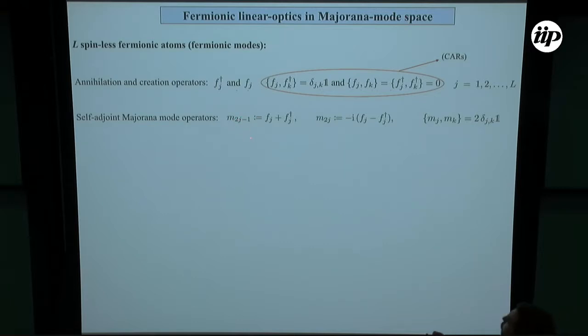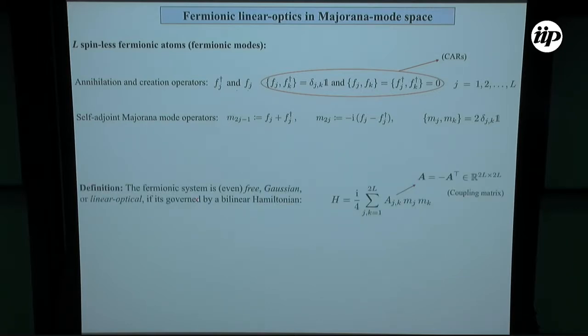For site j, I allocate the mode operators 2j minus 1 and 2j, and both are simply defined as the sum and the difference of the annihilation and creation operators. They are very similar to the momentum and position quadratures of bosons, which are defined in terms of the sums and differences of the photonic creation and annihilation operators. This is analogous for fermions.